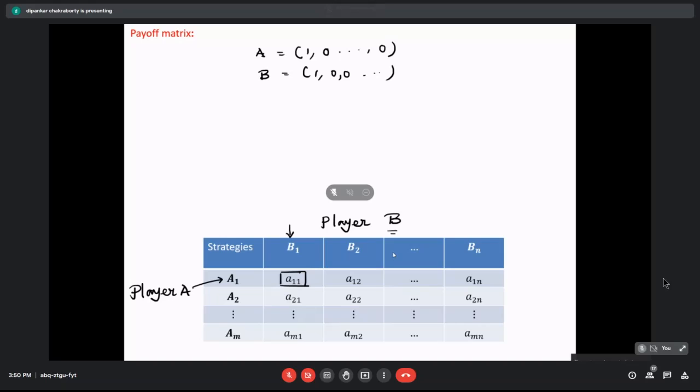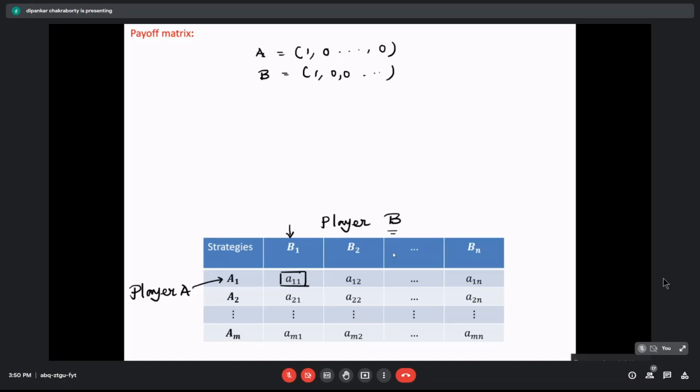Okay. Now the question is how we are going to solve a game problem. If a payoff matrix is given to you, where the amount of money depends on the problem, how are we going to find the optimal strategy for both player A and player B?